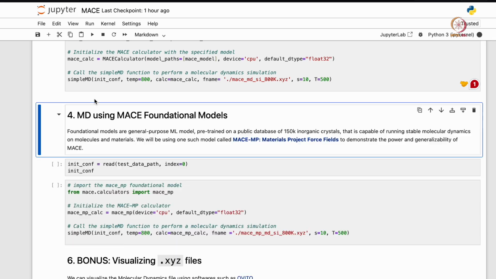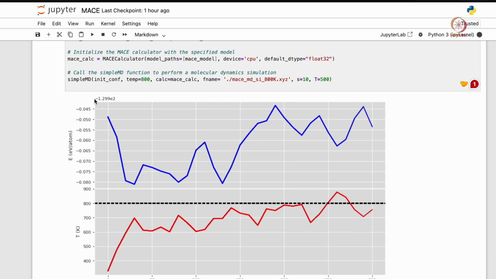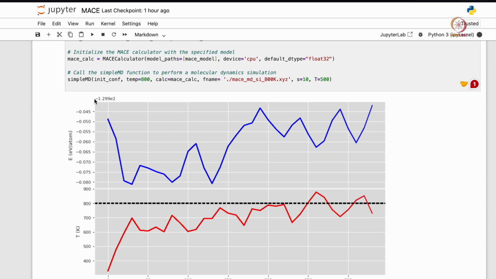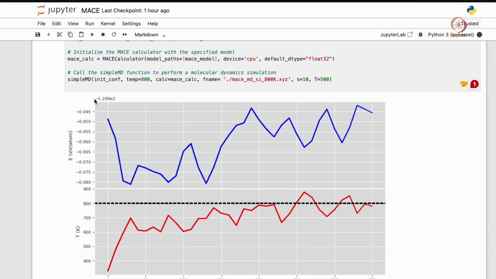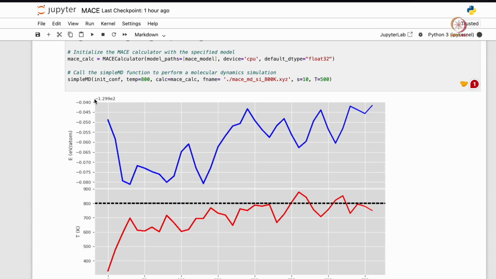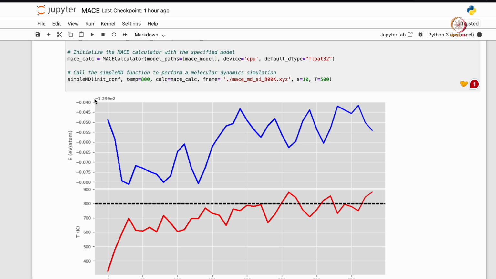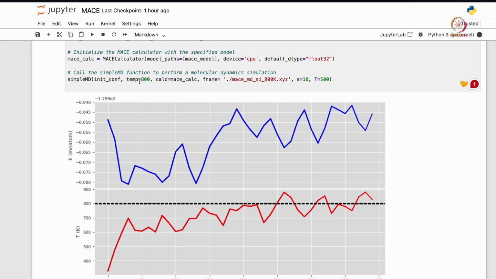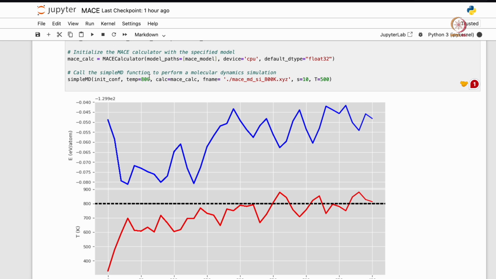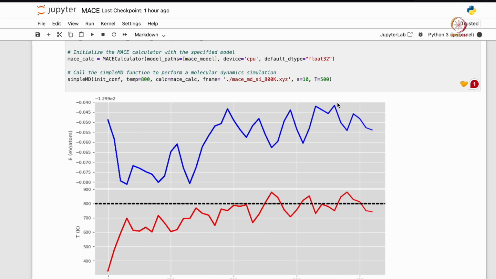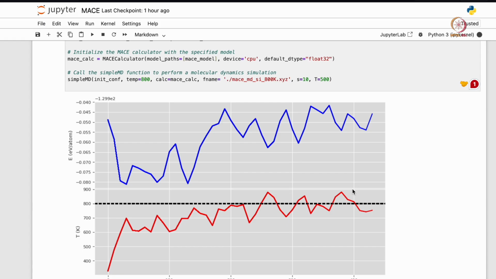Langevin dynamics is a classical differential equation to define the evolution of a particle. It says how a particle evolves in time when it is under a potential and there are thermal fluctuations. The temperature will rise from 300 to 800, and we are running 500 MD steps. Now let's see how it evolves.